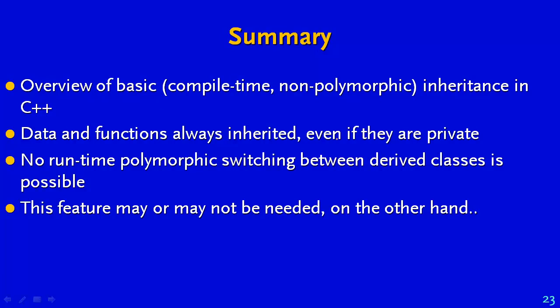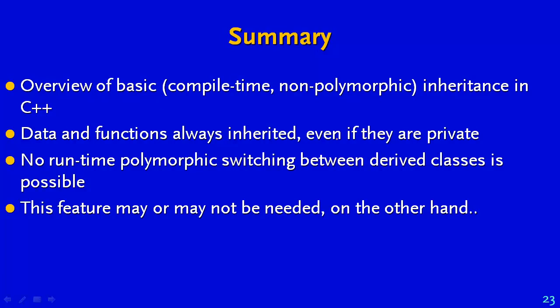You have to recreate the constructors by calling the constructors of the base class, and possibly operators as well. And the derived class has extra functions and data. So that's basically it. When we get to the next section, we'll talk about polymorphism, which is like super duper inheritance. But we'll just wait a moment.